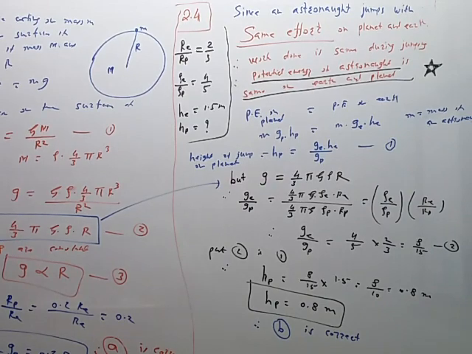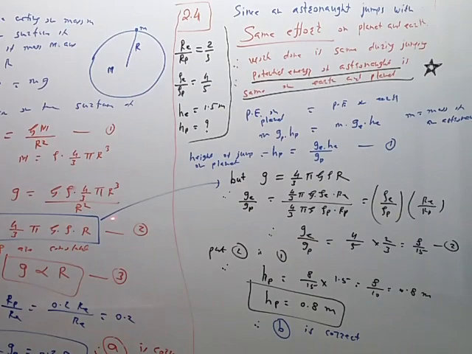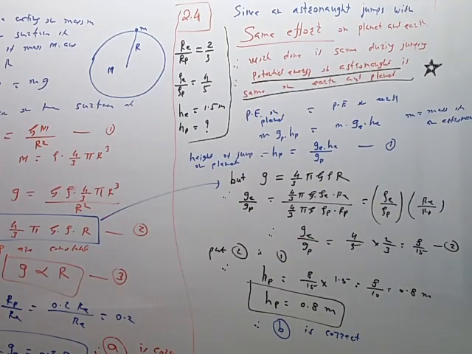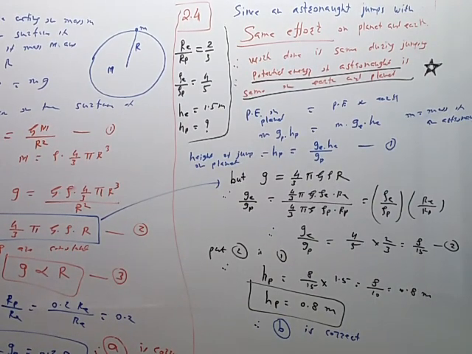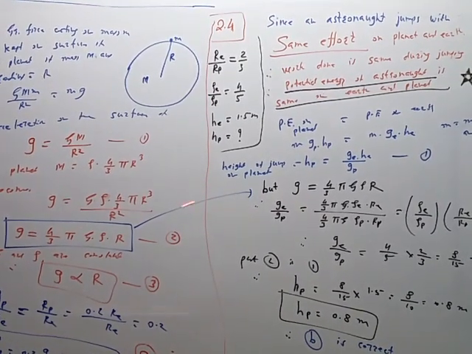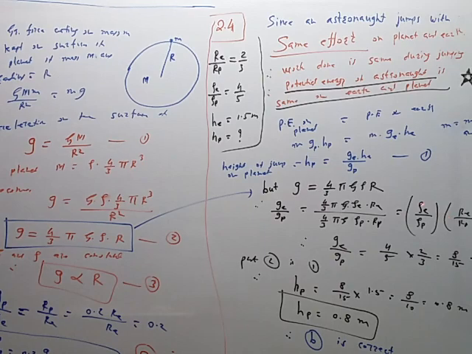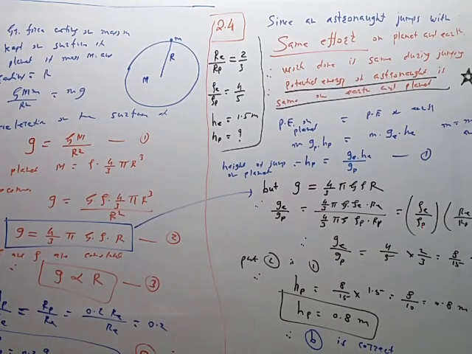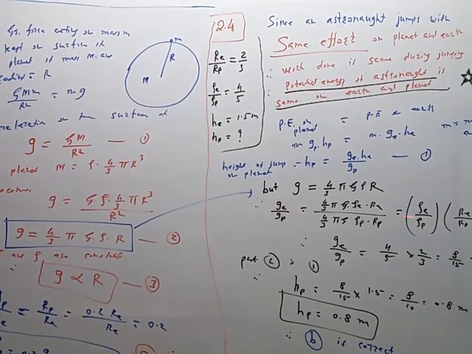So it will get cancelled like this, and therefore the height through which the astronaut will jump on the planet, hp, is equal to g upon gp. So g upon gp is given by this equation. g is given by 4/3 pi G rho R. We are using this equation from the last problem. So G will get cancelled, 4/3 pi will get cancelled, and therefore density of the Earth upon density of the planet multiplied by radius of the Earth upon radius of the planet. These ratios are given like this.